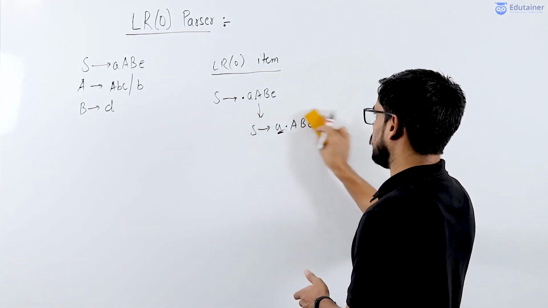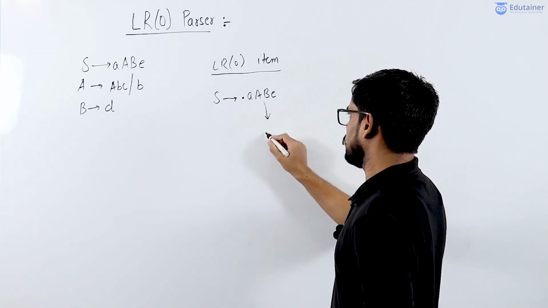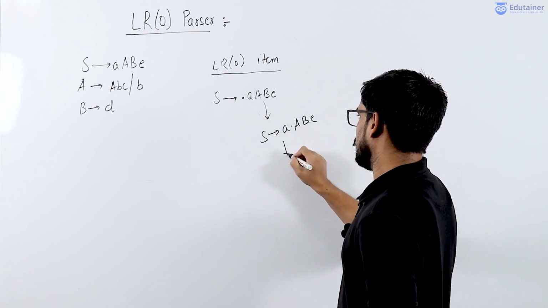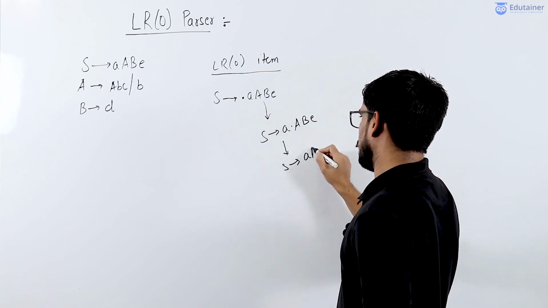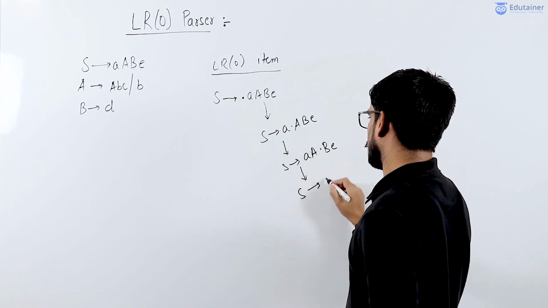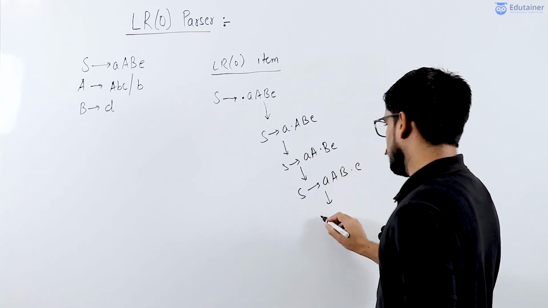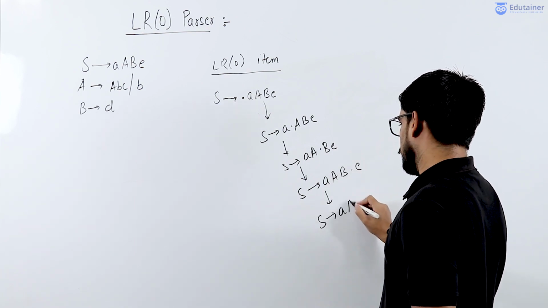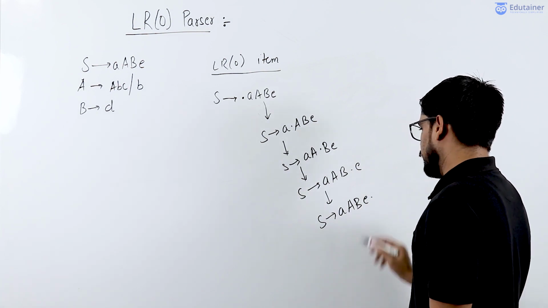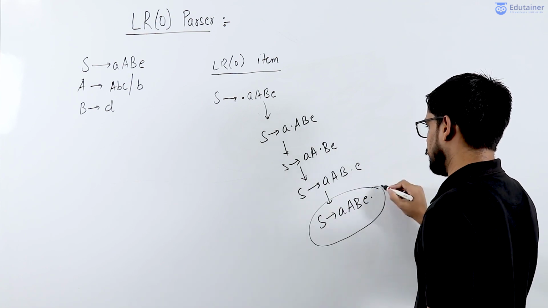So it goes S derives dot A A B E, then S derives A dot A B E, then S derives A A dot B E, then S derives A A B dot E, and then finally the dot reaches the rightmost side of the RHS. When it reaches the rightmost side of the RHS, we say that this is the final item.